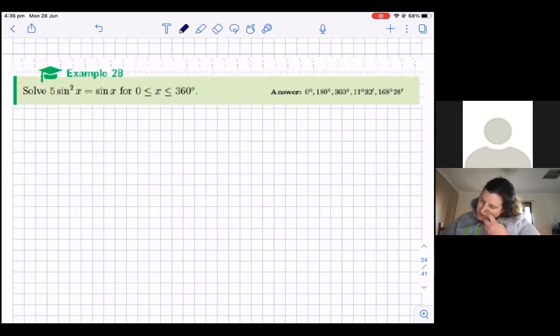Okay, this one's going to be easiest if we get everything over to the left and factorize. 5 sine squared x take sine x equals 0. So let's take sine x out.